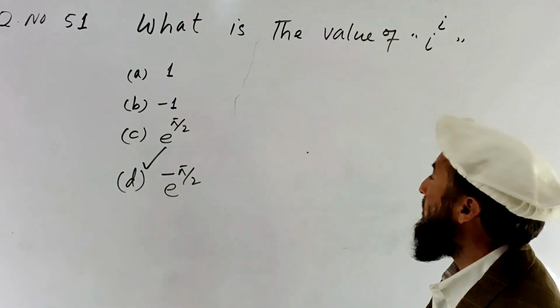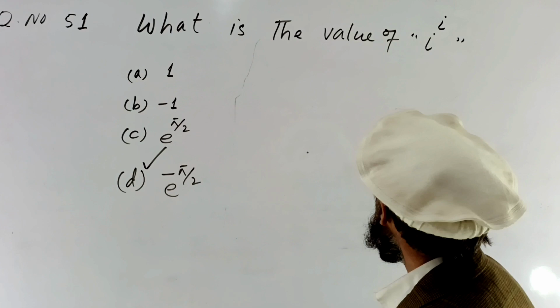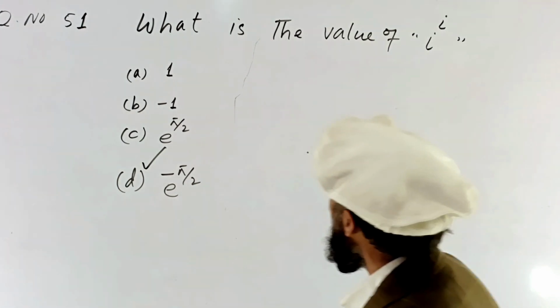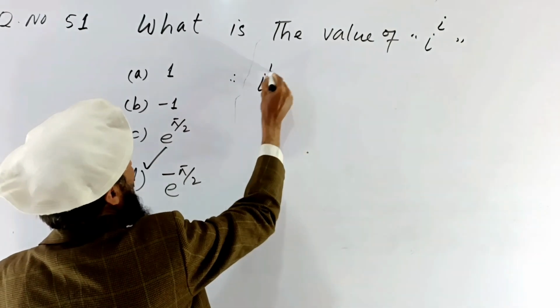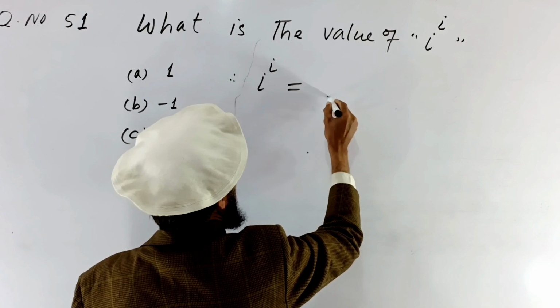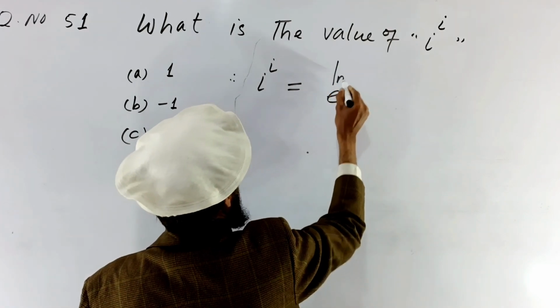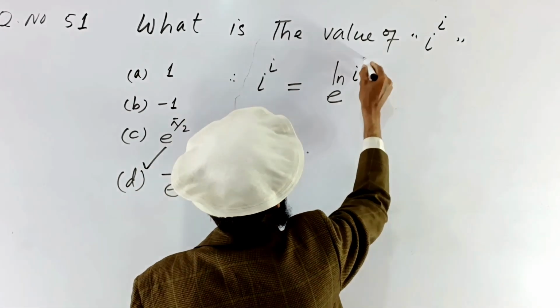How? According to the complex power. So how do we calculate iota power iota? We can write it according to the definition, taking the log of both sides: iota की power iota.